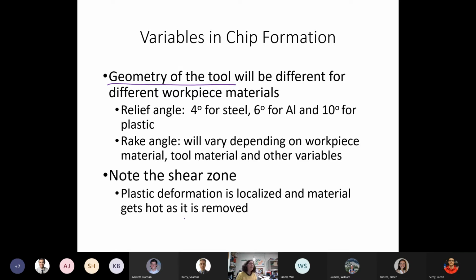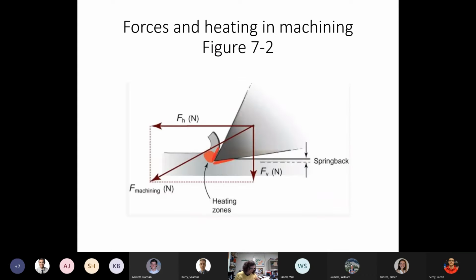If you've done any machining, if we were sitting in class, I probably would ask everybody who has been involved in a chip formation or machining process to raise your hand. Most of you who have been involved in machining know that the temperature at the surface will get hot. So one of the things we're interested in is, where does the material get hot and what happens to that heat? The material is likely to get hot right in front of the tool.